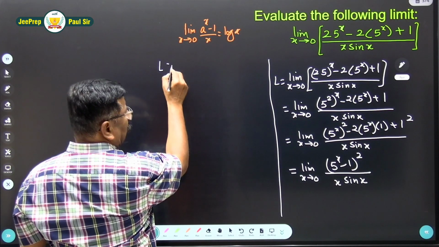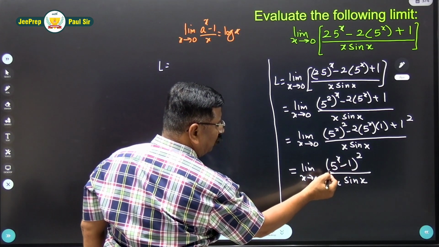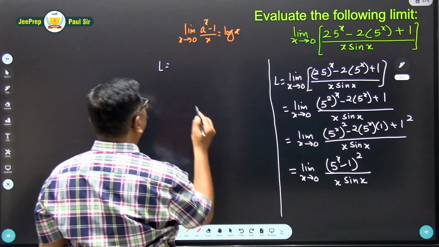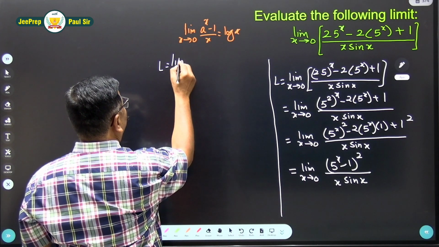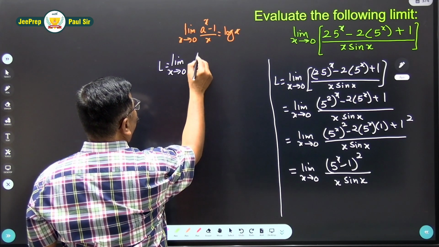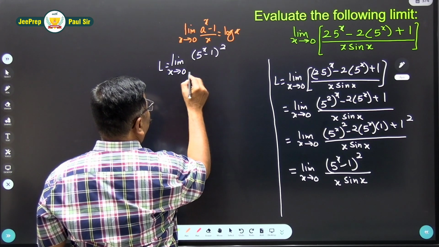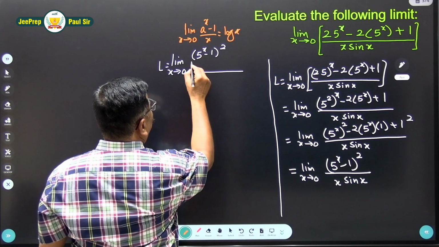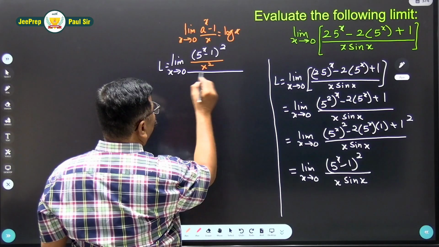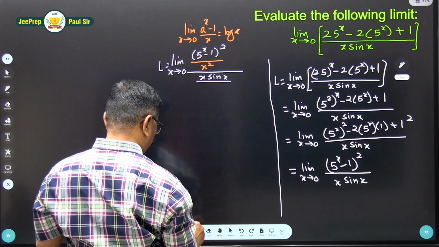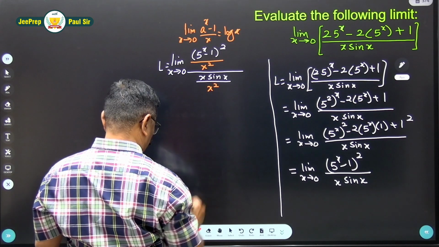Now here we don't have divided by x, so what we will do, we will divide numerator by x square and also denominator by x square. So limit x tends to 0, (5 raised to x minus 1) the whole square divided by x square, the whole divided by x sin x divided by x square.